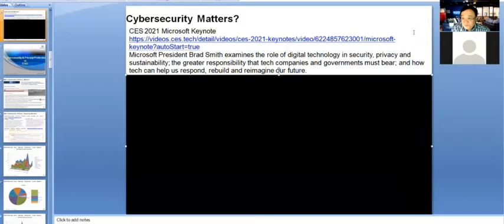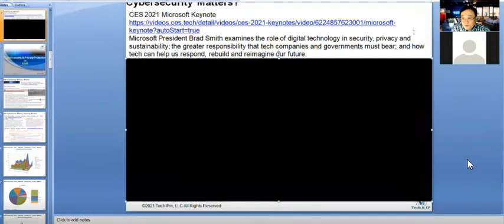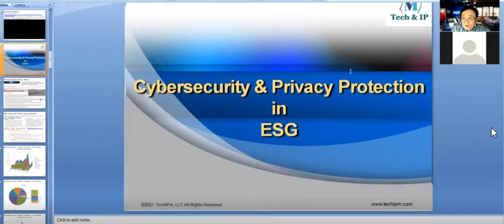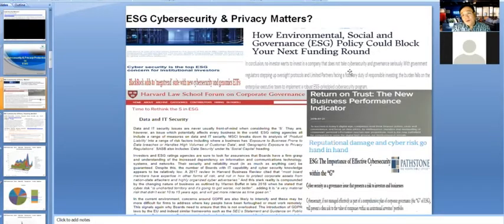Okay, then I'm going to talk about today's main topic, cybersecurity and privacy protection in ESG specifically. So why do ESG, cybersecurity, and privacy matter? For example, I already talked about BlackRock, the world's largest investment management company.